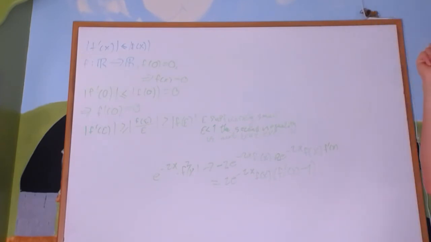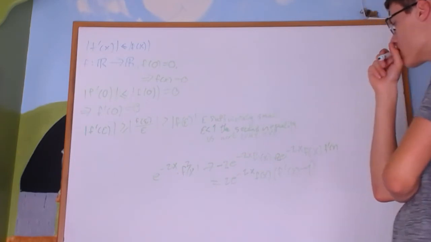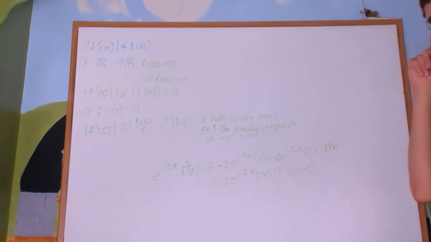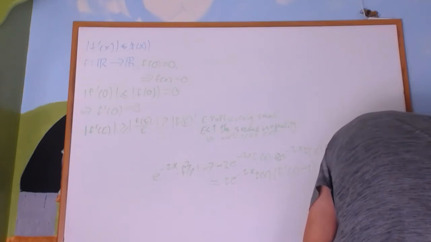Now what would that actually tell me about it, though? That function's always decreasing. Can't see anything on the board.